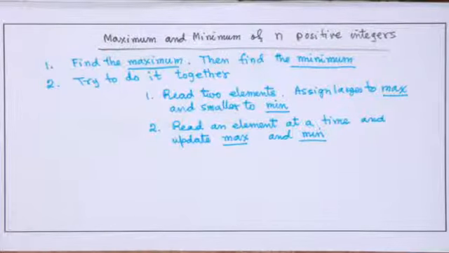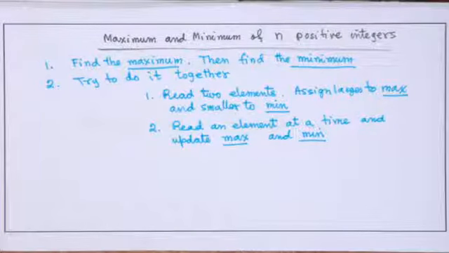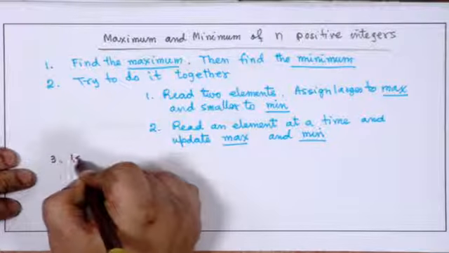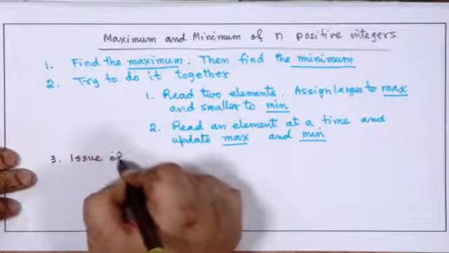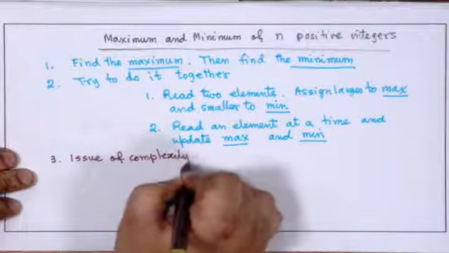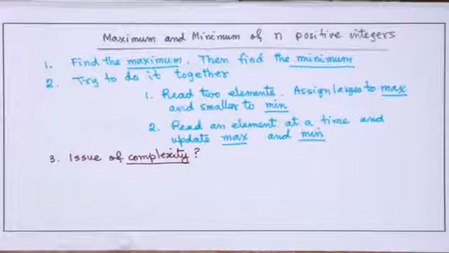At this stage, it is important to first highlight the issue of complexity. How many comparisons are we doing for doing this?